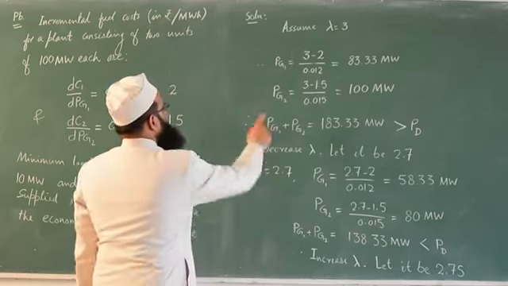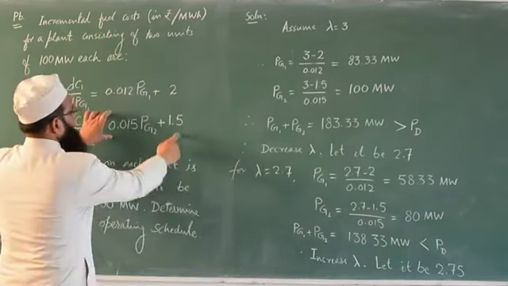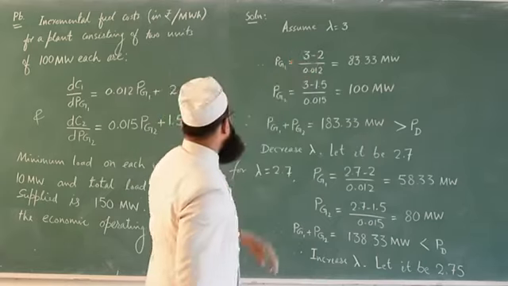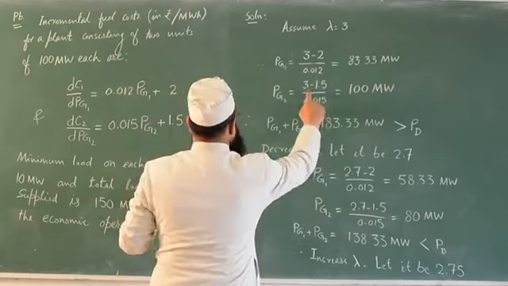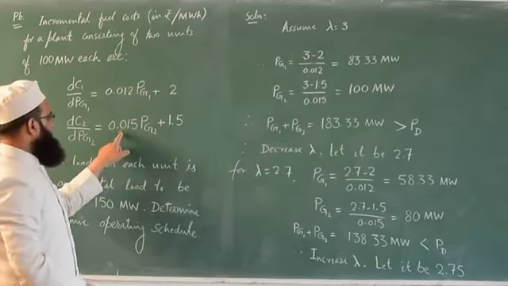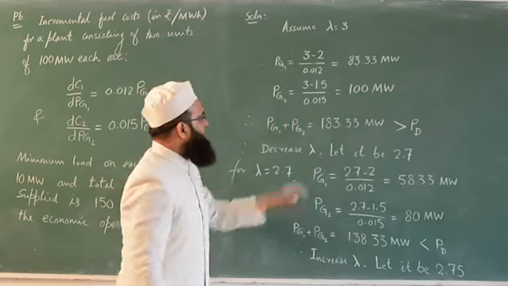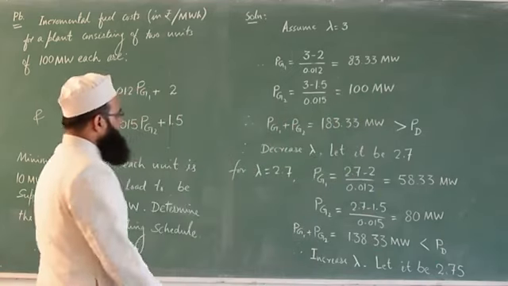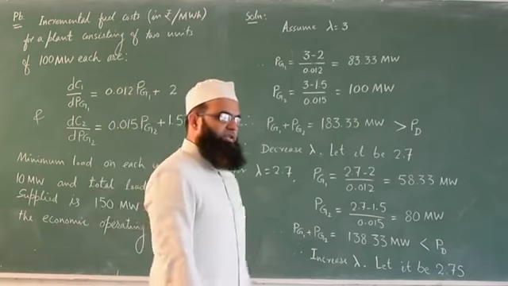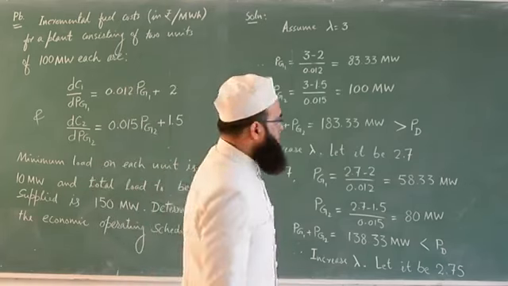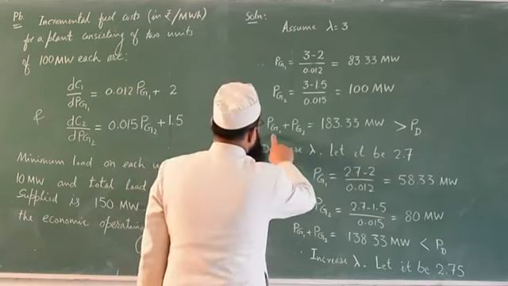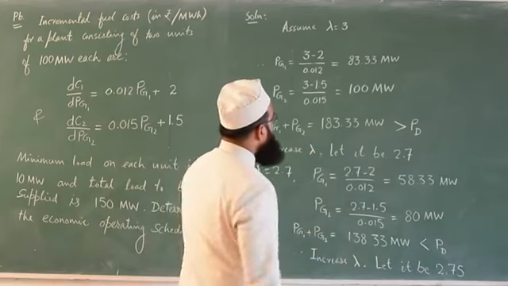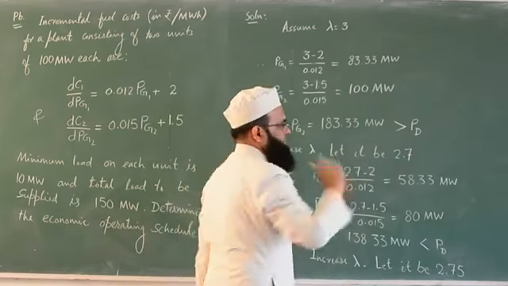Similarly, Pg2, equating with the assumed lambda of 3, is 3 minus 1.5 upon 0.015, which comes out to be 100 megawatt. Now check whether the total generation is equal to the demand or not. The total generation comes out to be more than the demand.